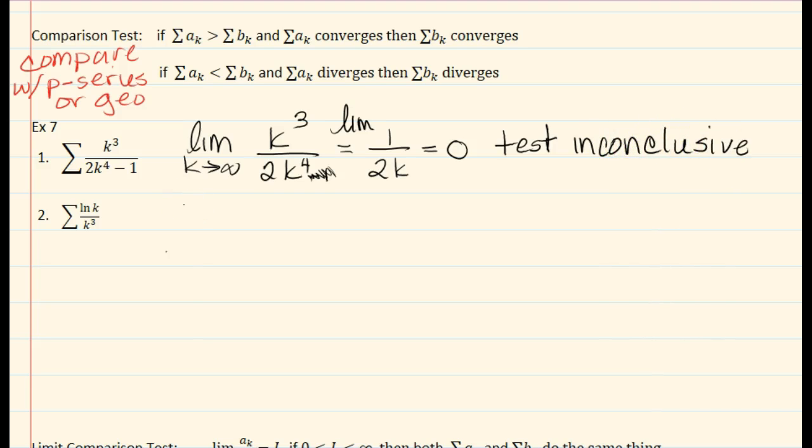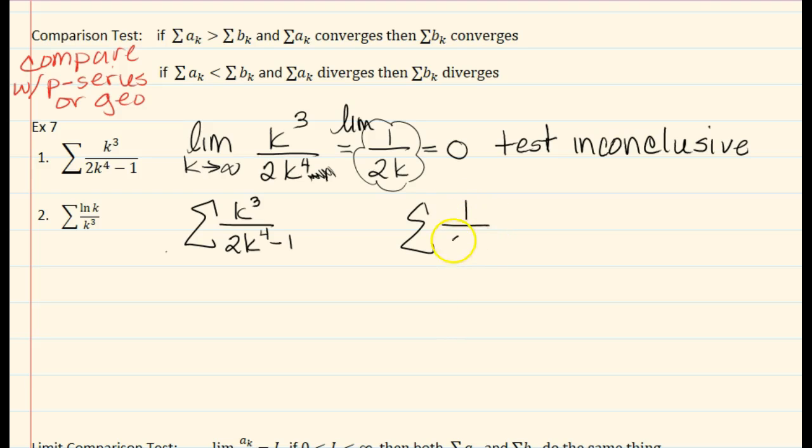So let's use the comparison test. We're going to look at our original series and compare it to another series that we know. Just like we did with our limits, we're going to compare it to 1 over 2k. By the P series test, we know that this one diverges. So the question is, which one of these is bigger than the other?